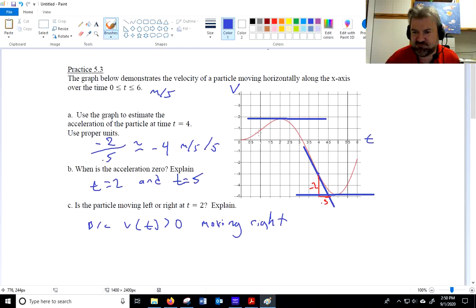So if the position is getting more positive, our velocity, our rate of change, is 2. It's moving 2 per second further along the x-axis. It's definitely moving right because the velocity is positive. Down here where this curve is negative, we would say it's moving to the left. And we're going to talk a whole lot about that and practice that a whole lot in the future, but I think it fits in right there really well.